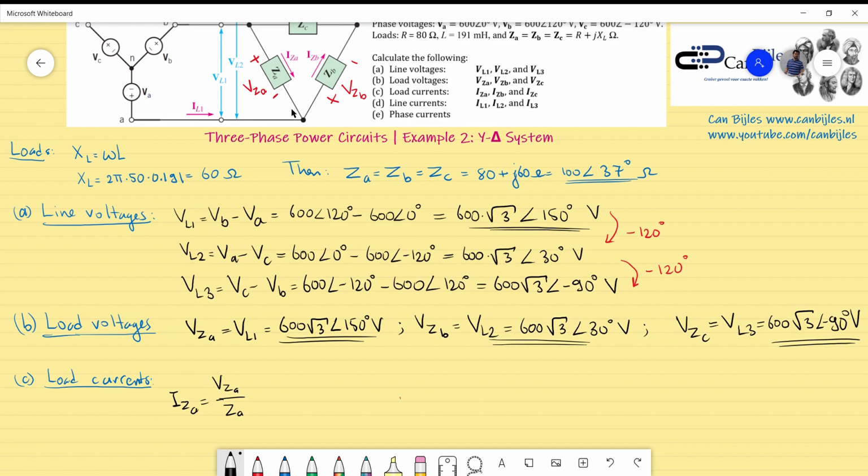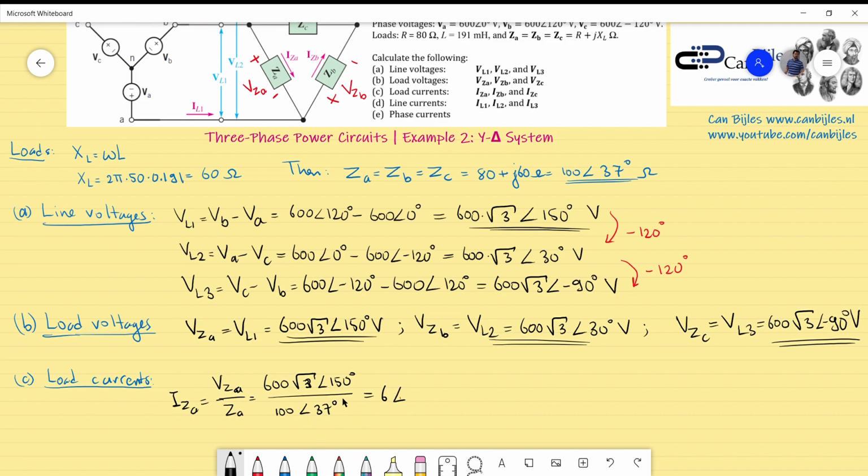So I z of a will be v z of a divided by z of a, and it's exactly the same as the line voltage. So this will be 600 square root of 3 in the phase of 150, and I will use the polar notation of the ZA, which is 100 phase 37, and this will result in 6 amperes, and then phase of, you do the following.